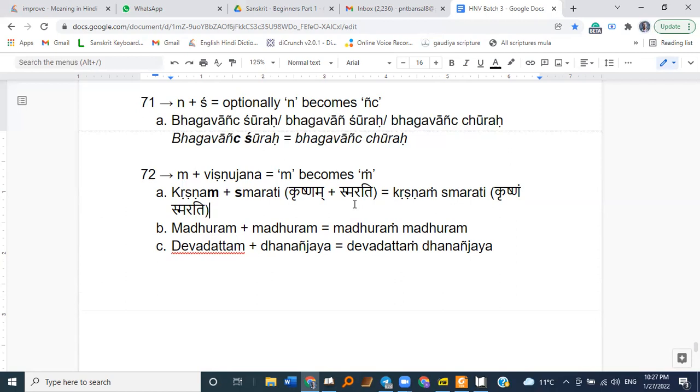For what purpose? In some sutras we have only one form allowed, and in some rules we have many forms allowed. Why is it?